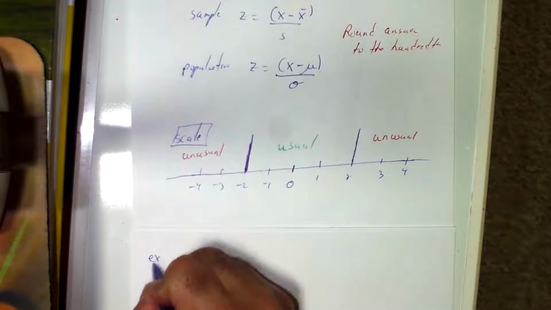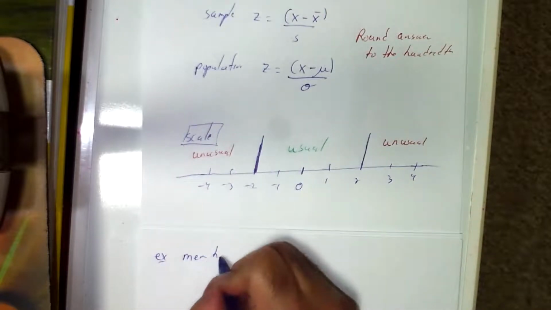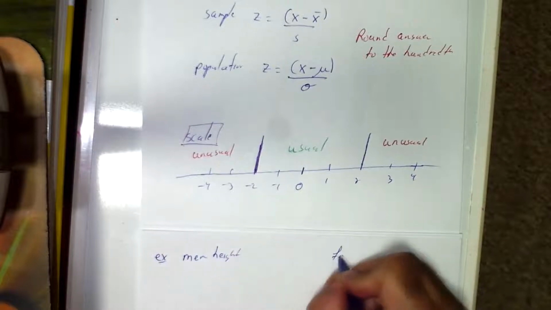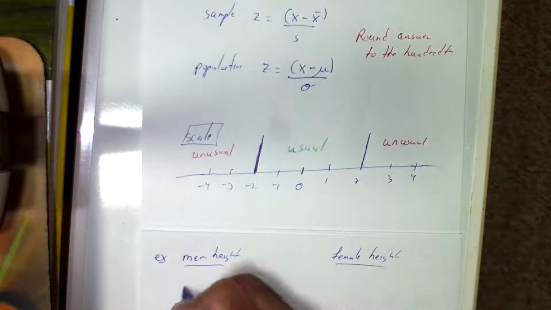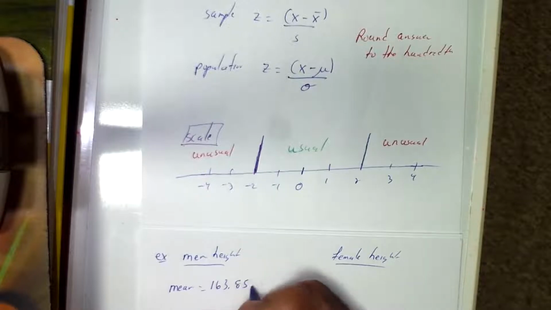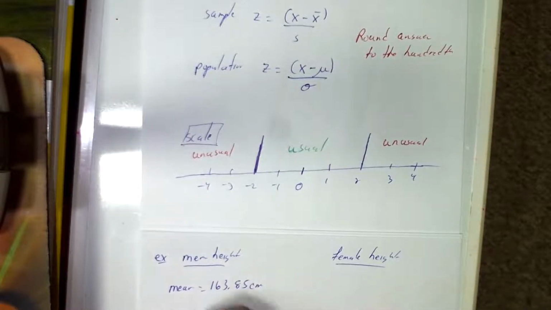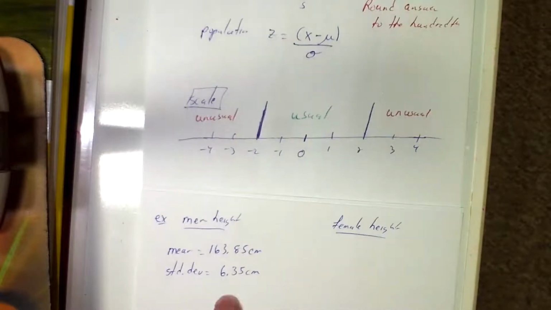The mean height for the males was 163.85 centimeters, and the standard deviation for males was 6.35 centimeters. Now remember, in the medical field, we record our measurements in centimeters.